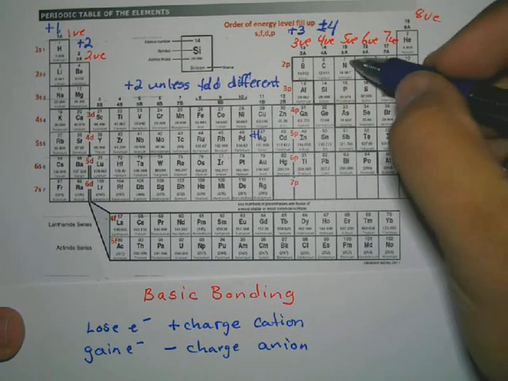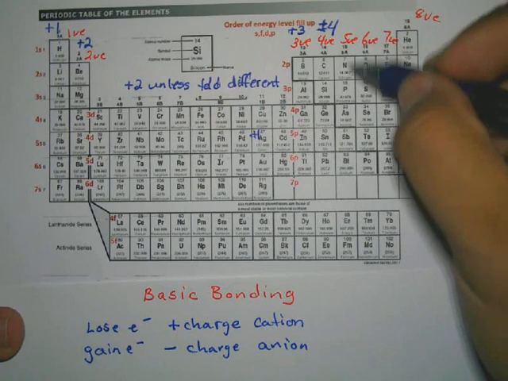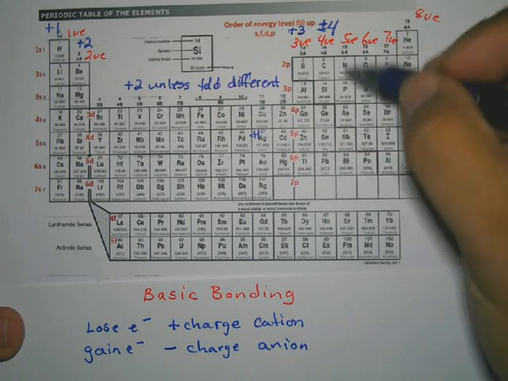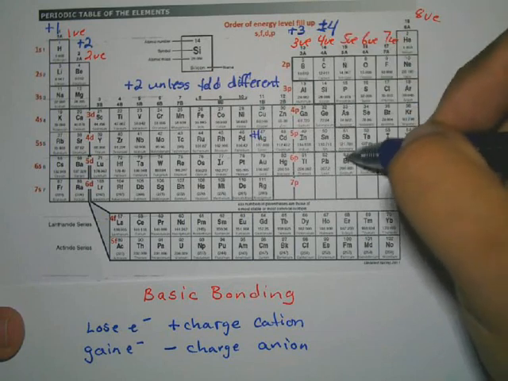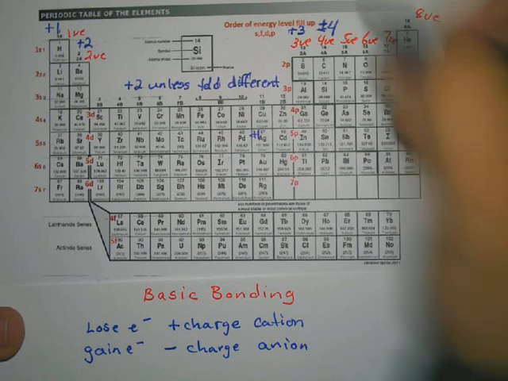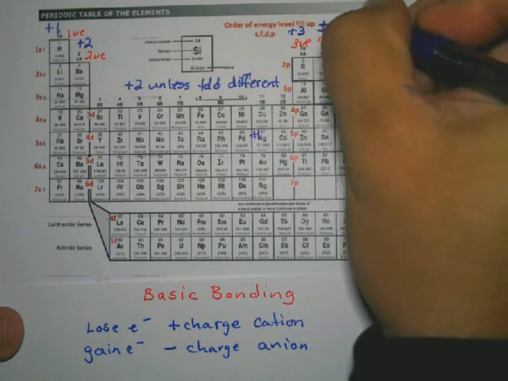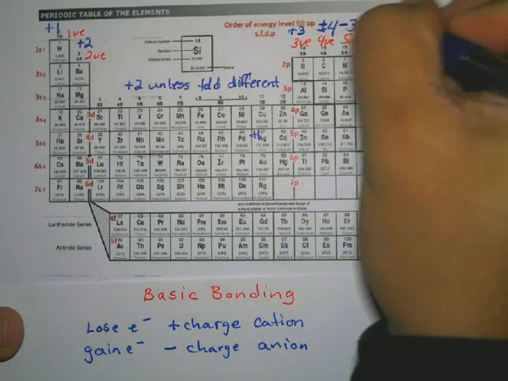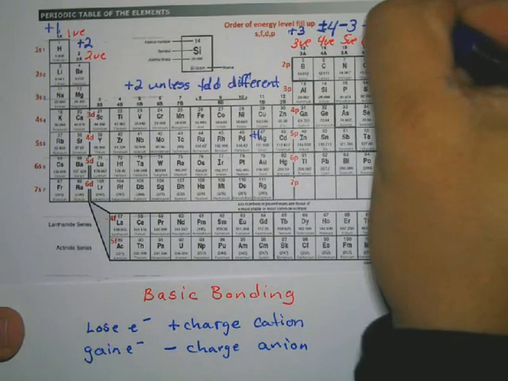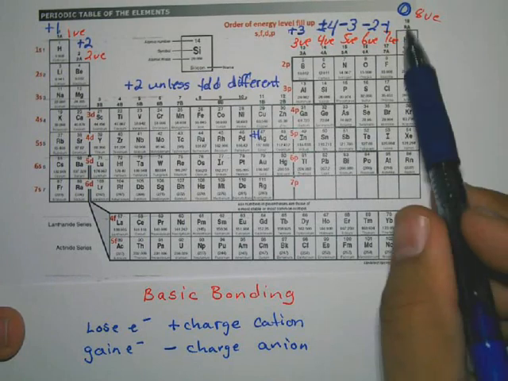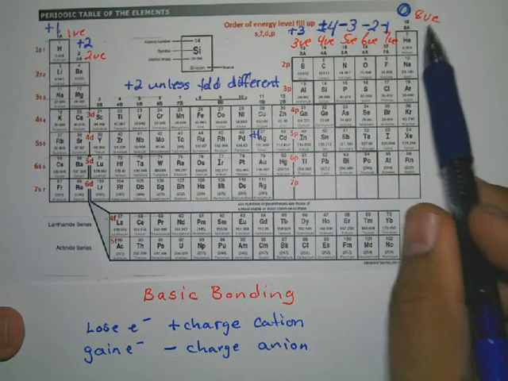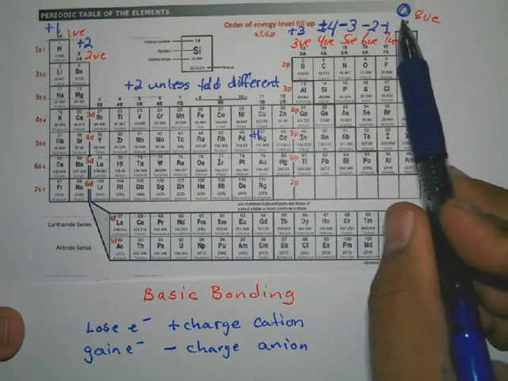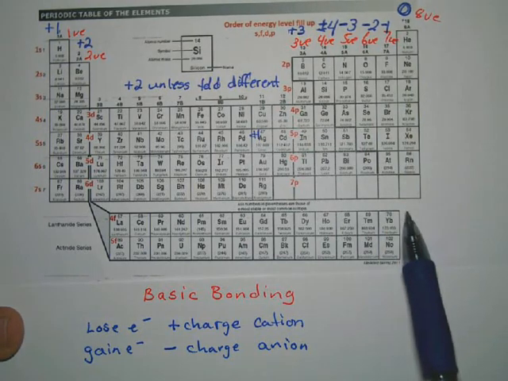Now, these guys have 5 valence electrons. Now we've crossed the river here, right? With 5 valence electrons, it's actually easier to take on 3 more than to try to lose 5. So they get a -3, -2, -1. And the noble gases are doing nothing. They're not giving or taking because they have a full last shell, so they're all 0. They're not going to do any kind of reacting.